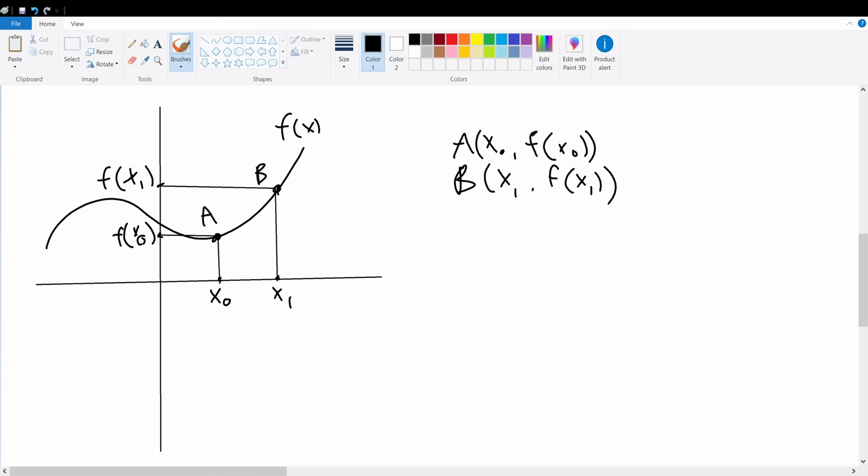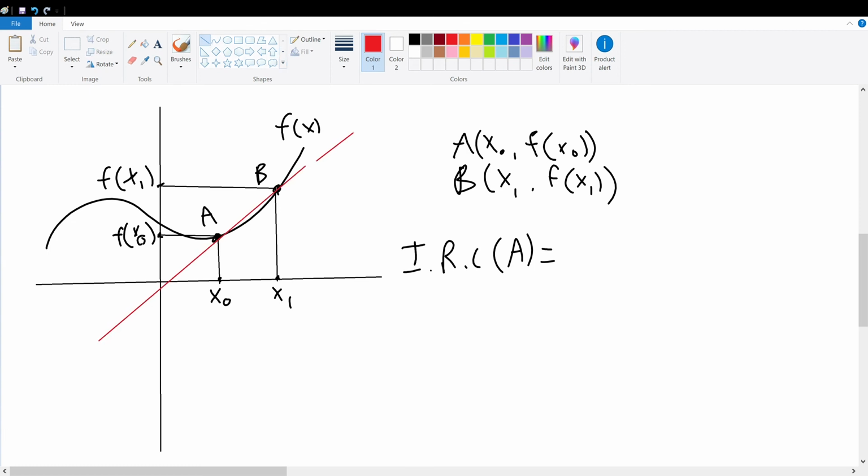And I want to find the instantaneous rate of change for point A. How do I find it? Well, I take the limit of the slope of the secant line of points A and B. The secant line between points A and B will look something like this.